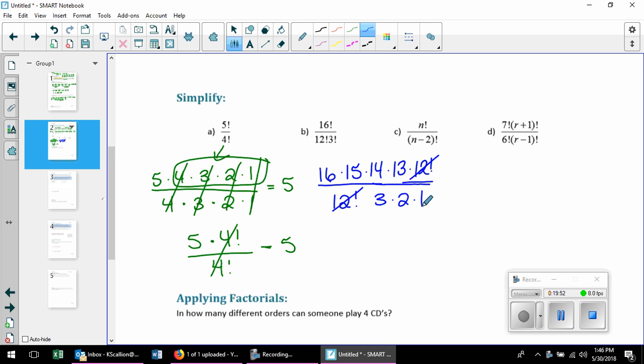I'm going to do some fancy math here. I'm not going to multiply and then divide, I'm going to get it smaller. I know that 3 goes into 15 how many times? So cancel the 3, change the 15 to a 5. 2 goes into 14 how many times? 7. 1 goes into 13 one time, so I'm not going to have to do that.